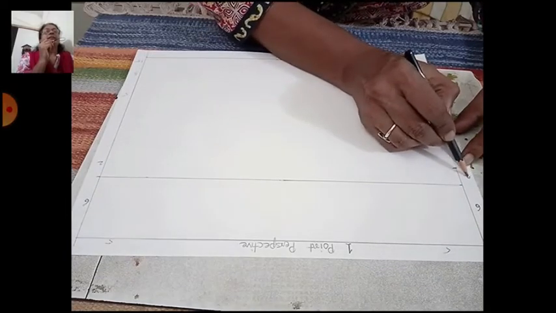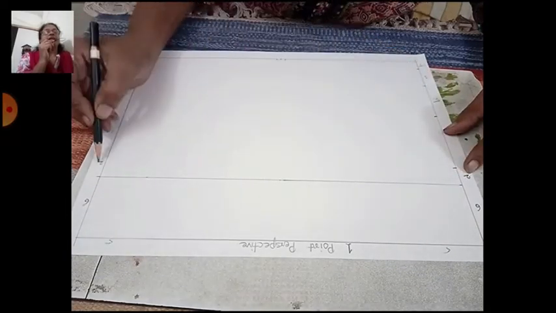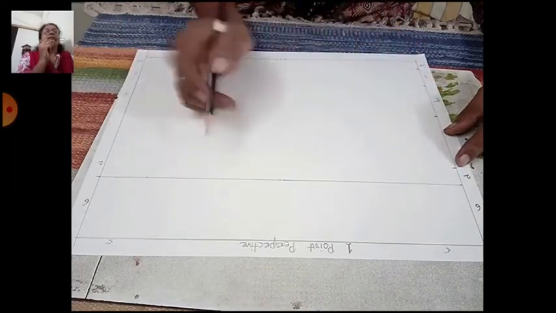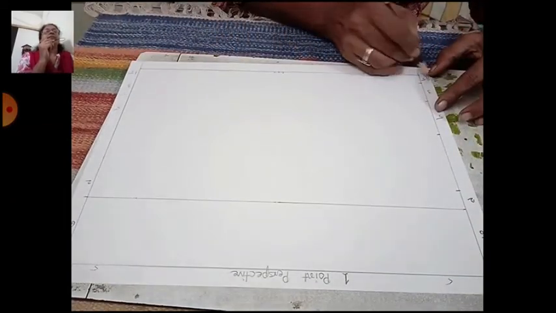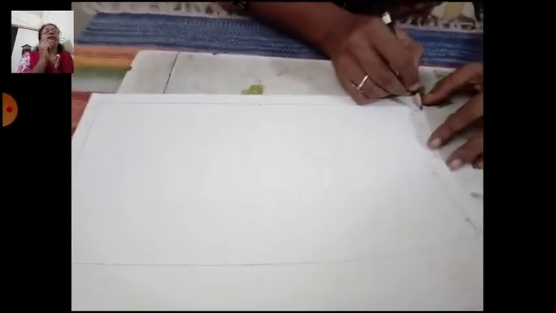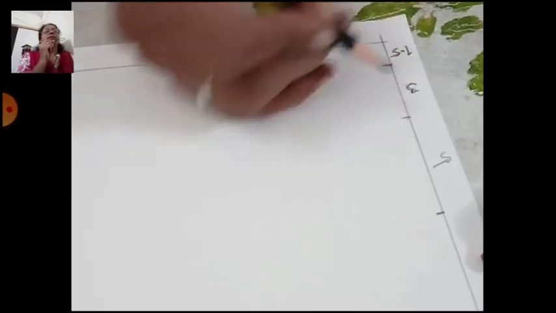From that line you take 2 centimeter distance, and downside you take 1.5 centimeter. Okay, then take 3 centimeter from that point and take 5 centimeter from the third point.